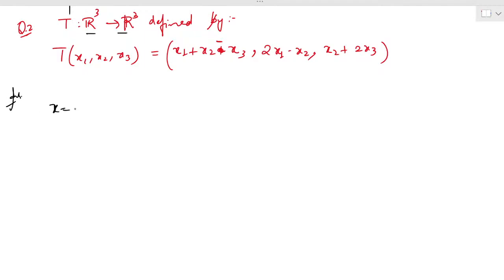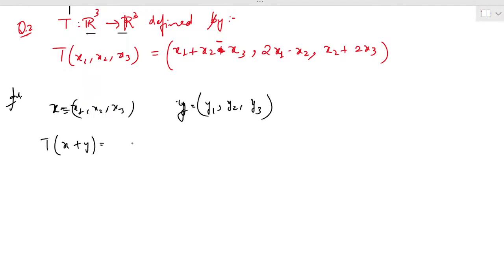Again, I'll take two things, x and y, and I want to see whether t of x plus y is equal to tx plus ty. So I'm going to write this as x1 plus y1, then x2 plus y2, and then x3 plus y3.